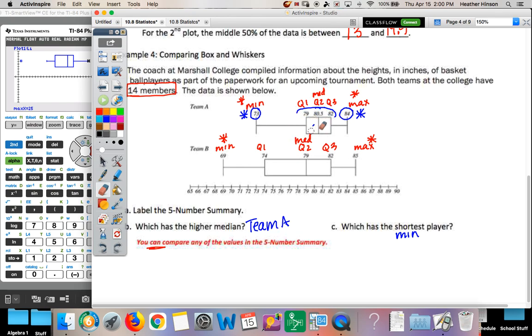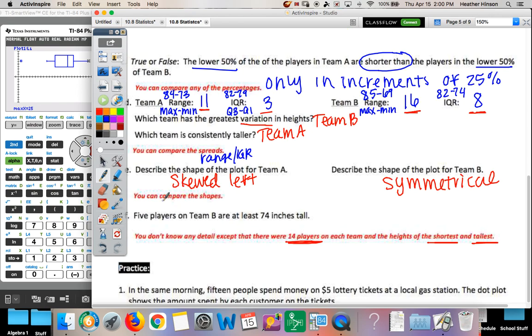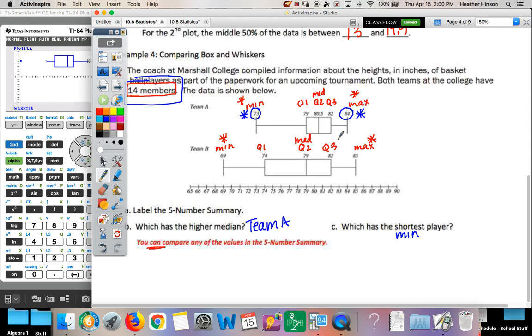So the only thing you know for sure are your min, your max, and that we have 14 people within these box plots. So the question says there are 5 players on Team B that are at least 74 inches tall. And I have no way to tell where 5 players land. So on Team B, 74 is right here, but are there 5 players in this list right here? I have no idea.